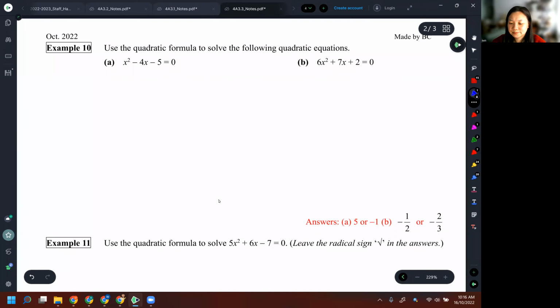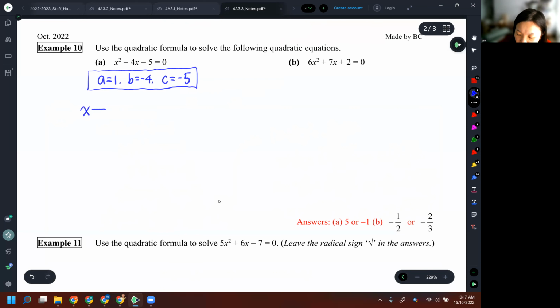Example 10. In this quadratic equation, you know A equals 1, B equals negative 4, and C equals negative 5. You don't have to write this. You just need to bear in mind these are the coefficients. Now x equals, you don't have to write x1, x2. You just write x equals. These are the roots.